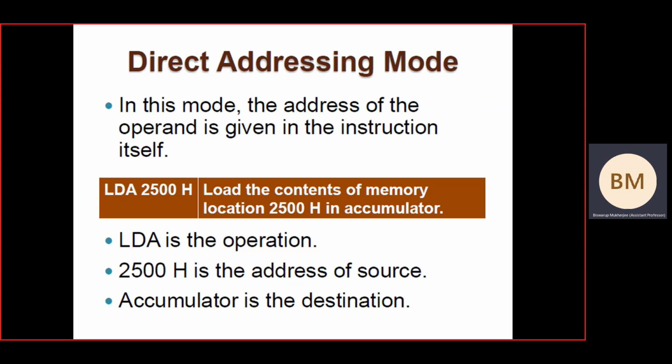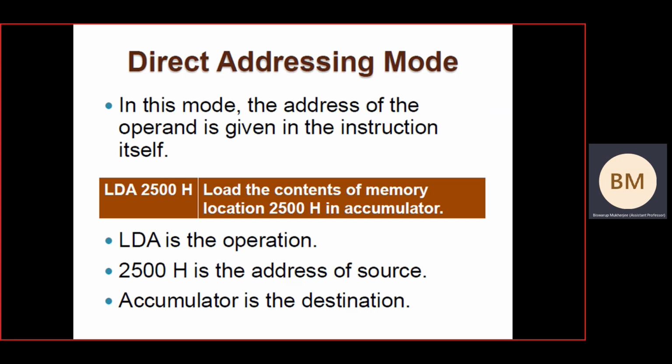As you know, there is a bank of memory, and a particular address is there, which is 2500 hex. H denotes hex. That is the particular location where some 8-bit data has been stored, right?